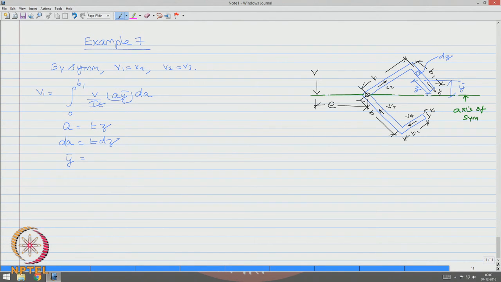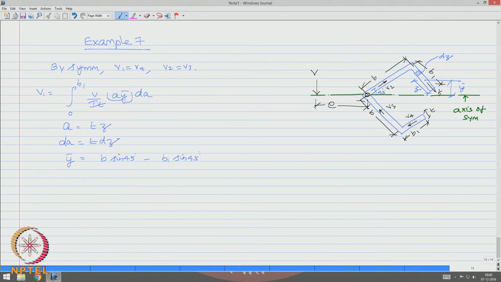okay, which is going to be okay, this angle is 45 degrees. So, B sin 45 minus B1 sin 45.